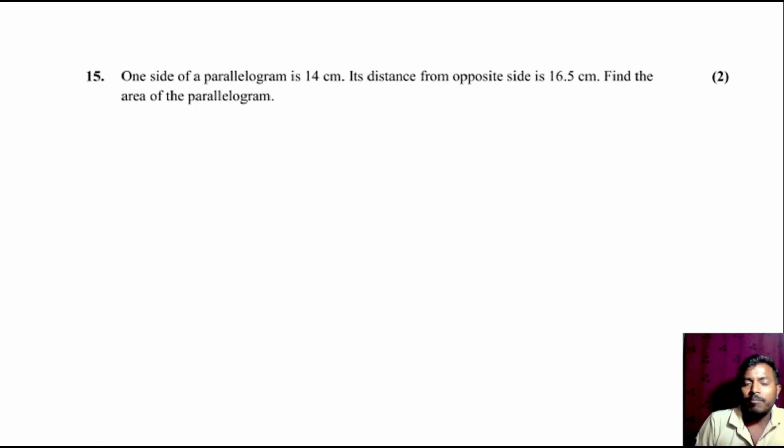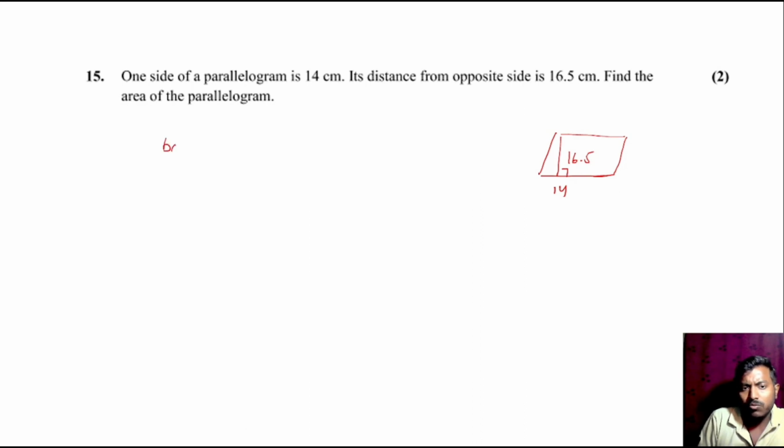One side of a parallelogram. What is a parallelogram? A parallelogram means opposite sides are equal and parallel. Here this is a parallelogram. One side is 14 and the distance from the opposite side is 16.5, meaning the height.